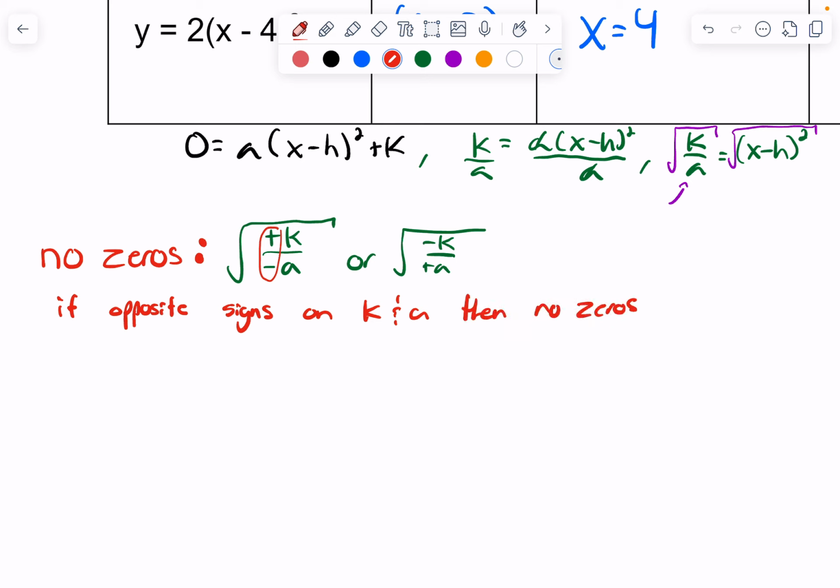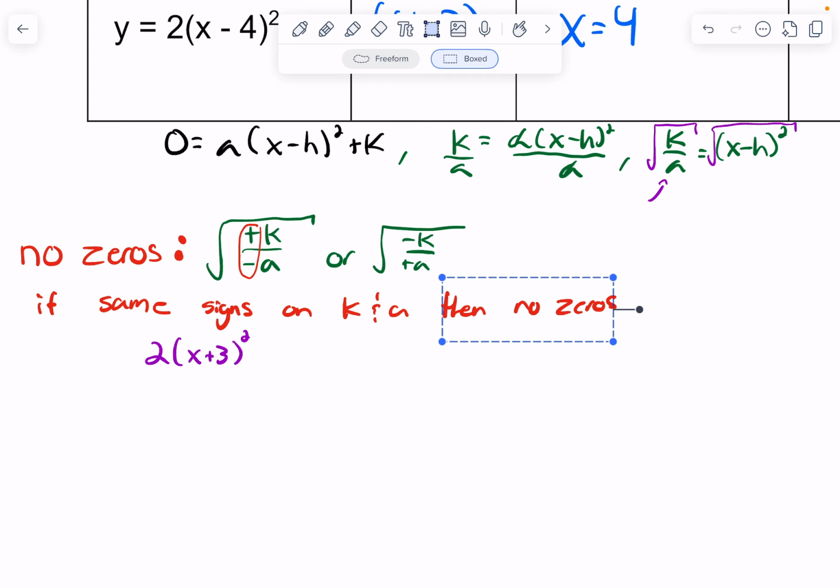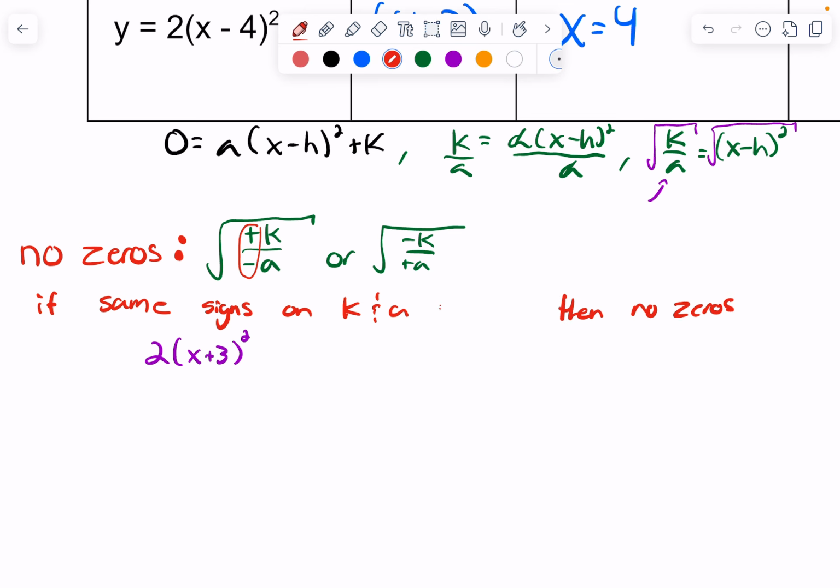So for example, it would be like if you had 2x plus 3 squared. Oh, sorry, actually, it'd be the same. Sorry, if same signs on k and a, then no zeros. And I'm going to add right here, in vertex form.